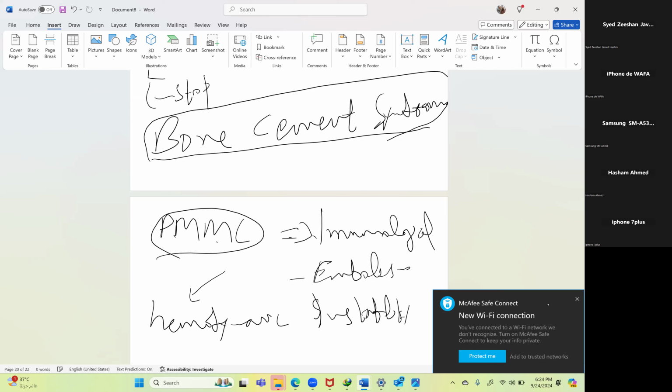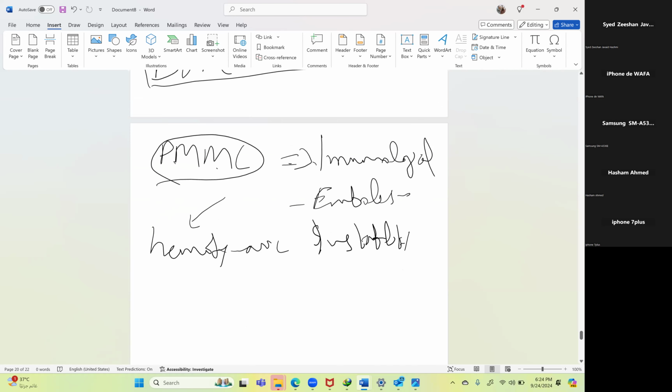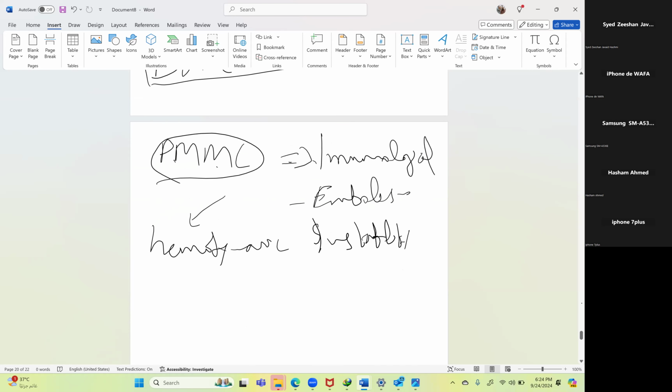For example, in joint arthroplasties, like in the knee, TKR, or hip, when they are putting the cement, it is mandatory to have good communication between the surgeon and the anesthetist.